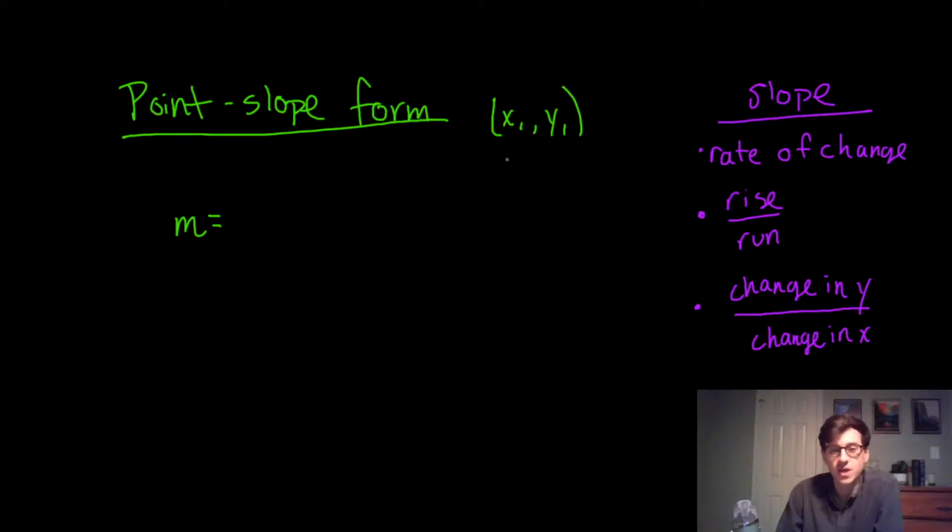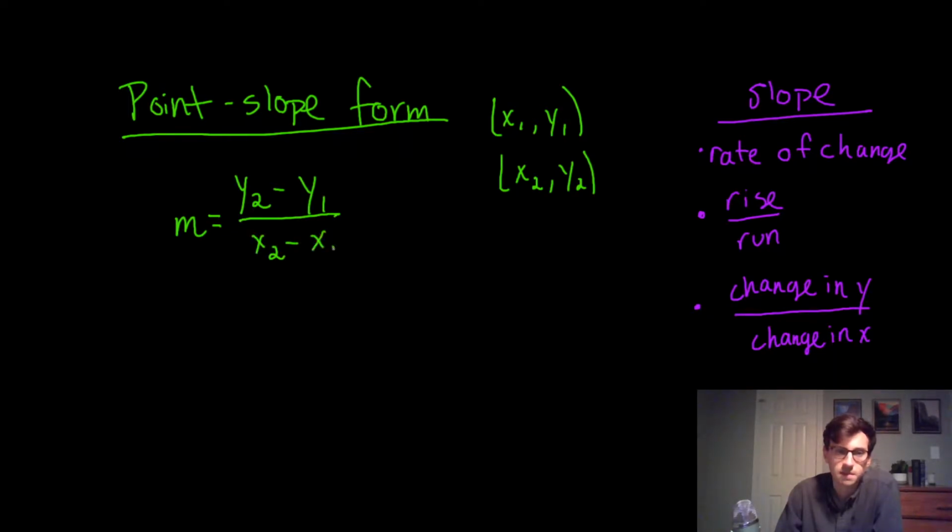Any x value, any y value, and then any other x value, it could even be the same, right? So a point and a point, if I give you 2 points, you can find the slope between those 2 points by finding the difference between the y's and the difference between the x's, right? And that, my friends, is the slope of a line.